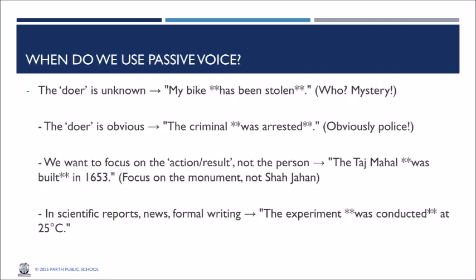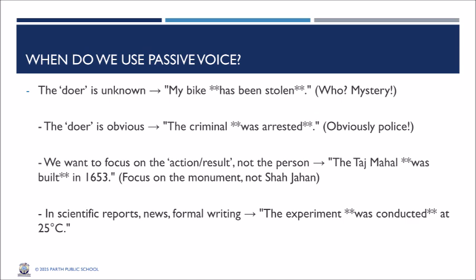All right, now let's find some situations when we actually use passive voice. When the doer is unknown. Secondly, when the doer is obvious. Thirdly, when we want to focus on the action, on the result, not the person.